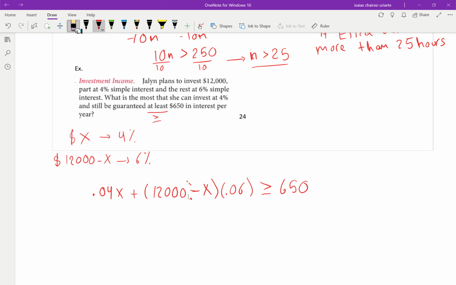Let me see if I can finish solving it here for you so you can see the intermediate steps. There's probably going to be a point where we're dividing by something negative. So just keep in mind that if you divide by something negative, the inequality sign flips.